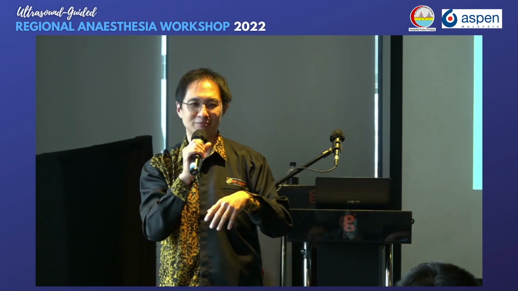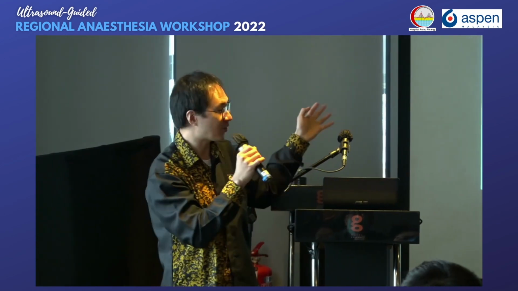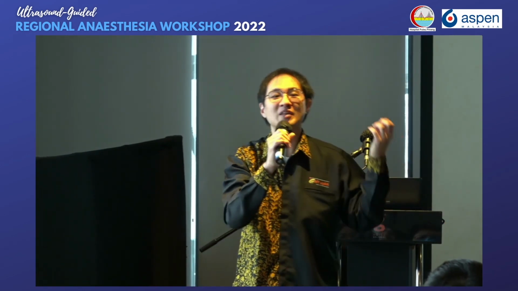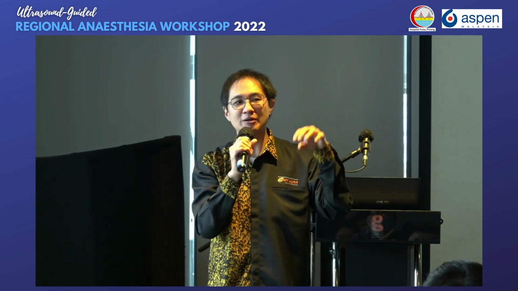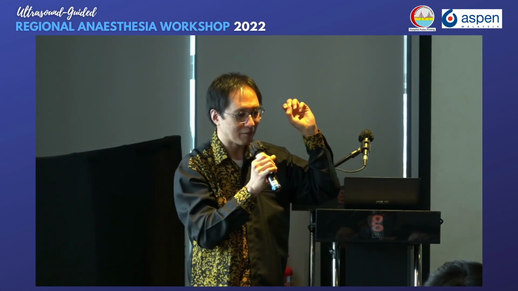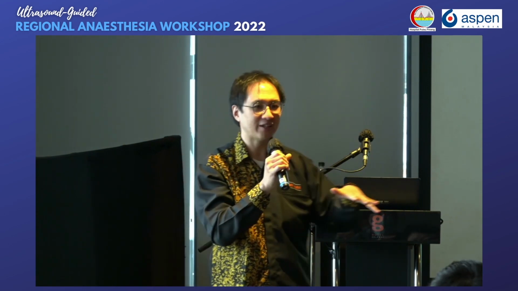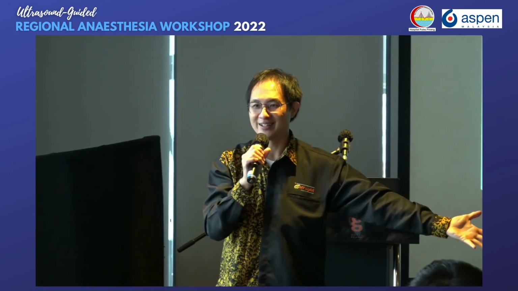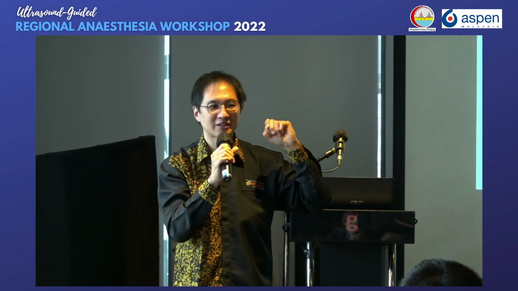But if you are concerned about nerve injury, and now you're doing a fascia iliaca block, then you don't have to worry because fascia iliaca is a plane block. The basic concept of a plane block is you're injecting LA into one plane, and hopefully the spread of the LA will go to the nerve at another site. So it's actually indirect.